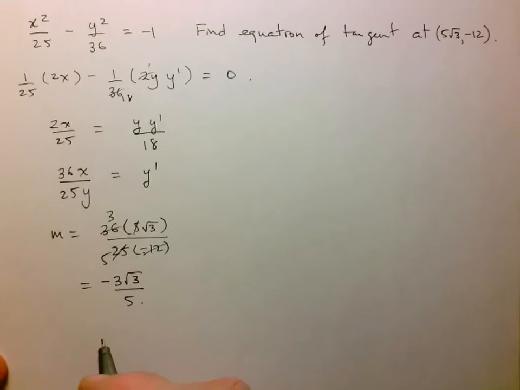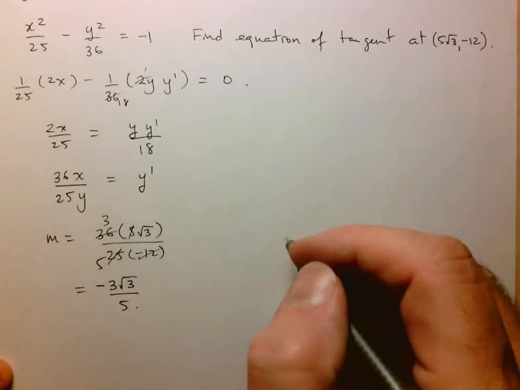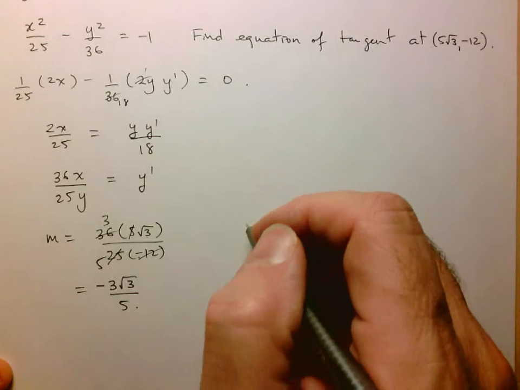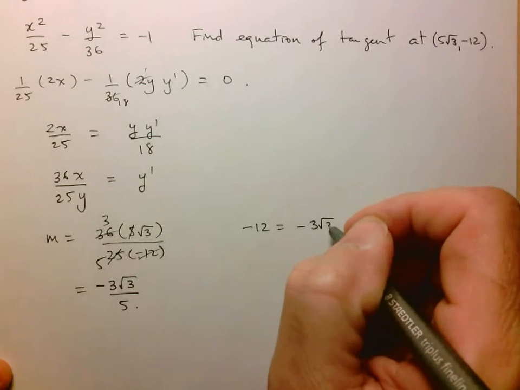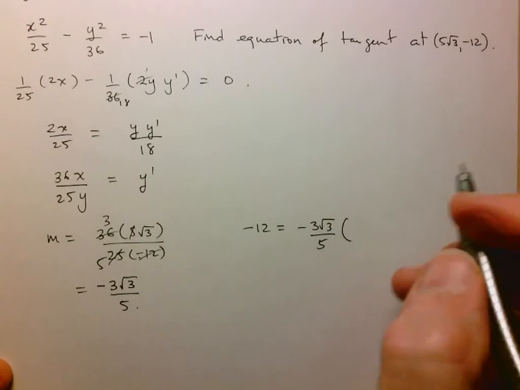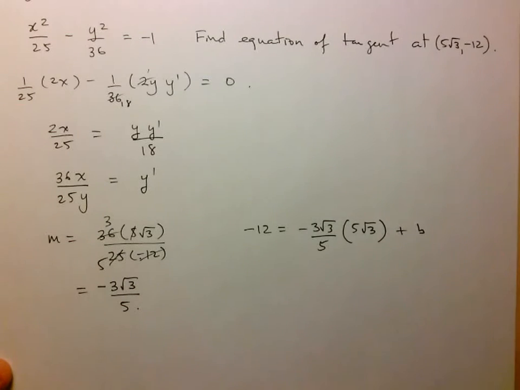Okay, so now that I've got my slope and I've got my point, I can find the equation of the line, so I'll use the slope-intercept form. So our y value is -12, our slope is -3√3 over 5, our x value is 5√3, and then plus b, and we'll solve for b.